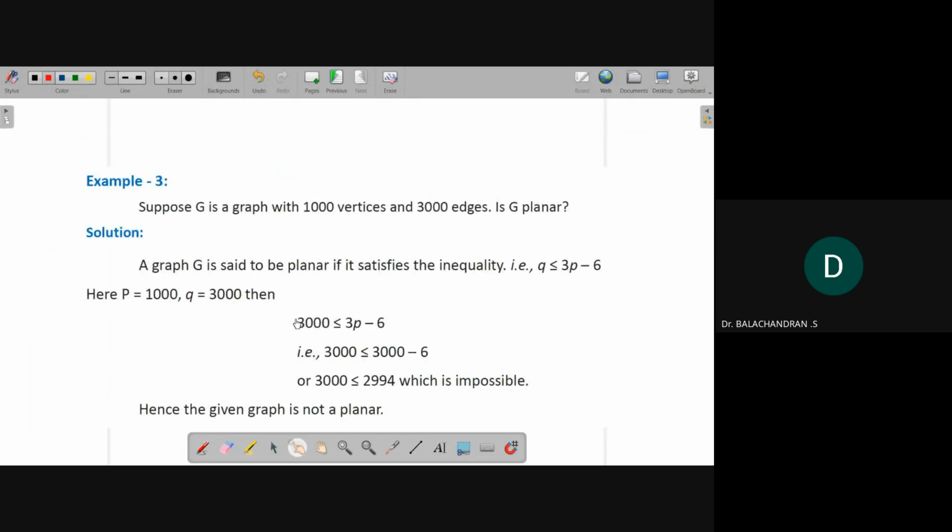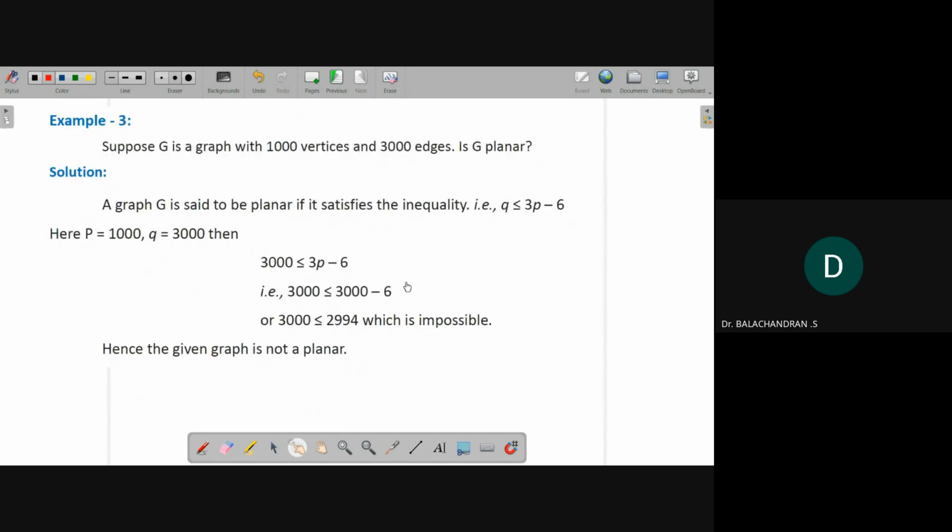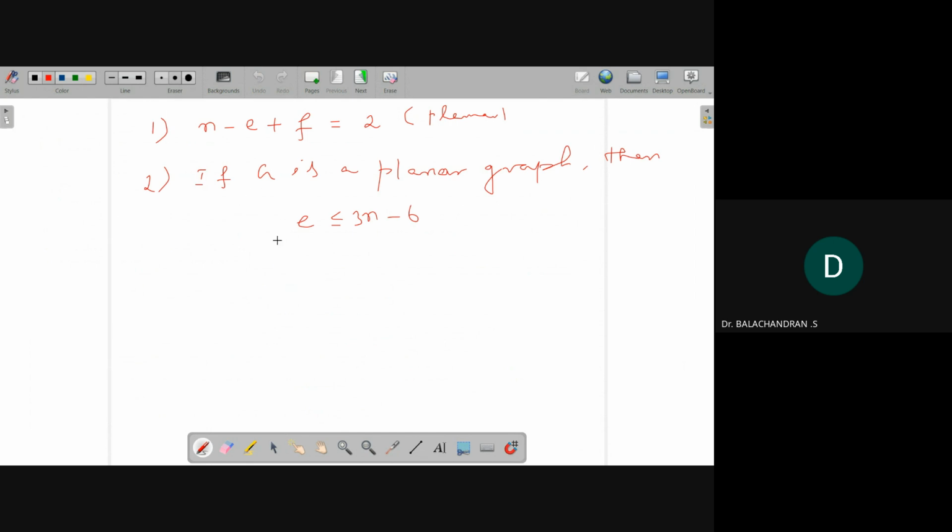So the question is: G is a graph with 1,000 vertices and 3,000 edges. Is G planar? If a graph G is planar, then E is less than or equal to 3n minus 6.